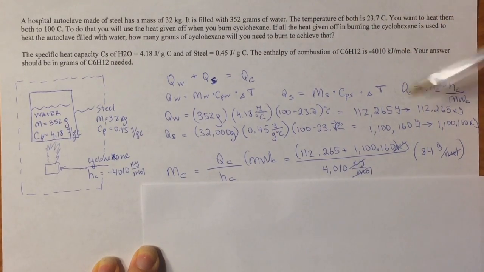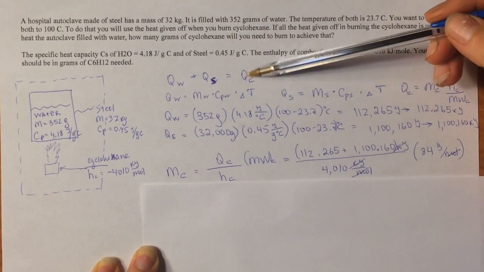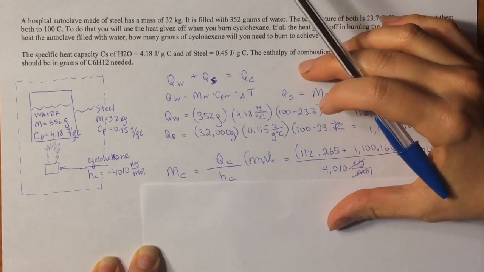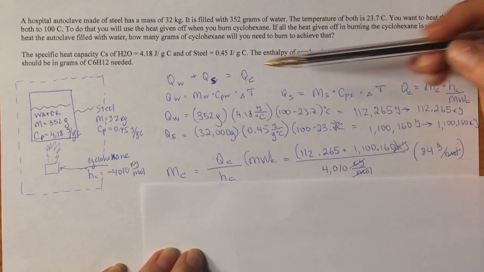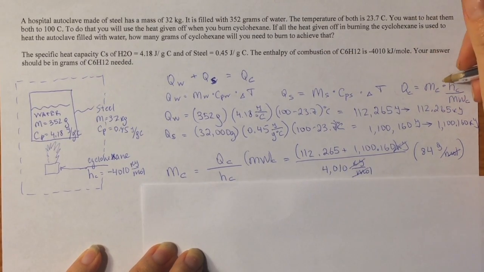We just found the energy required by the water, and we just found the energy required by the steel. Since we know these two, we will know the energy that needs to be put out by the cyclohexane. In this case, the unknown is the mass of the cyclohexane.